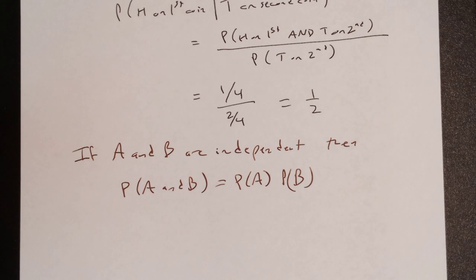A computer that has a 99% uptime is still down 1% of the time. If your stuff is on two computers that are independent of each other, what's the chance it's down and unavailable to you?